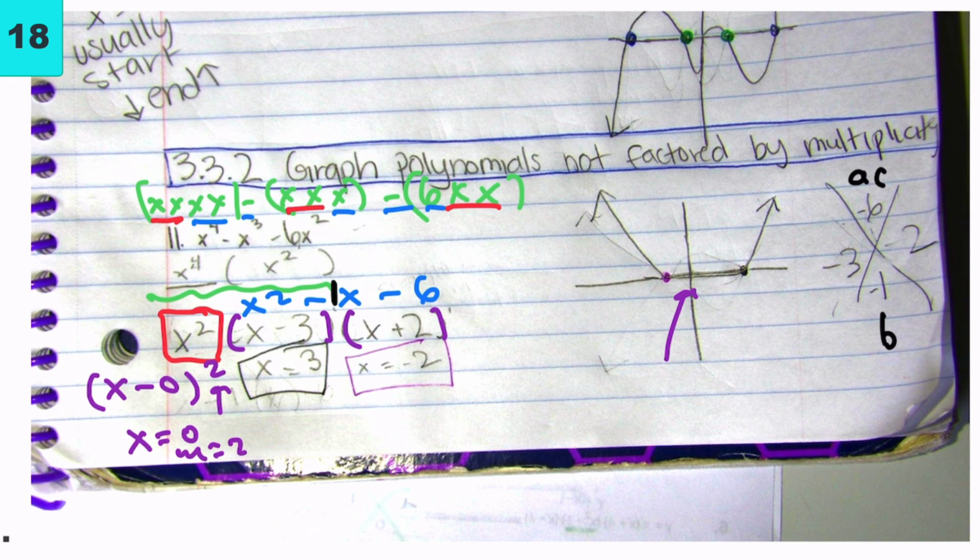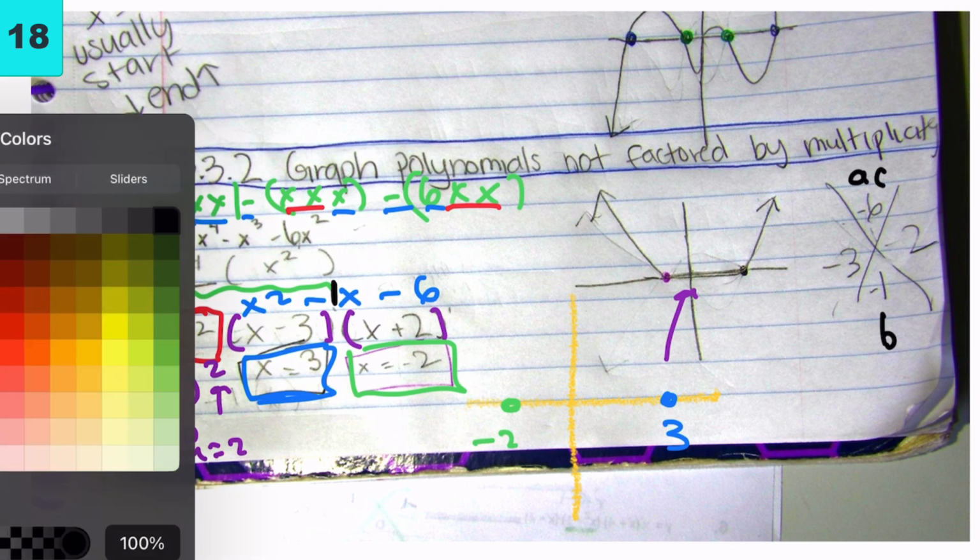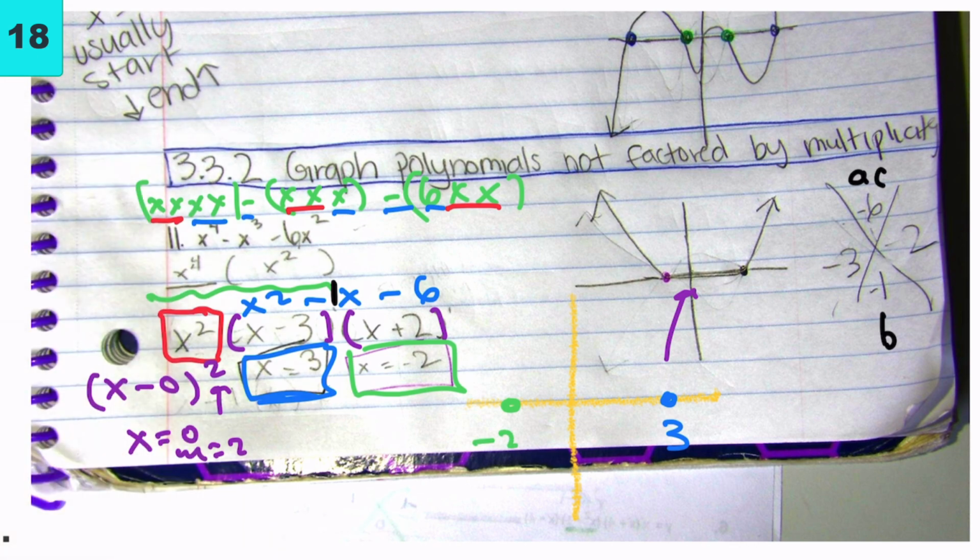So let's just redraw ours. Blue, x equals 3. Let's do green, -2. And purple is where? 0. Class, where are my arrows?